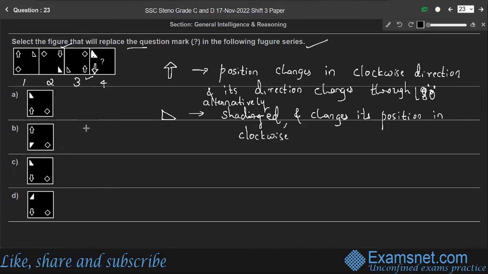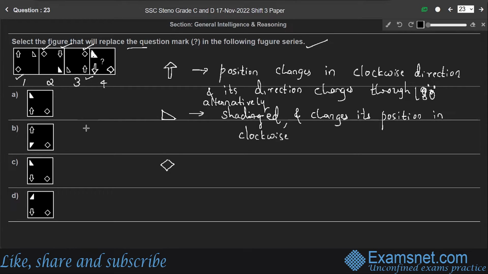Now consider the third one, which is the diamond shape. In the first figure it is at the bottom left corner, it goes up in clockwise manner, so it goes to the top right corner. In the fourth figure, its position has to be at the bottom right corner.